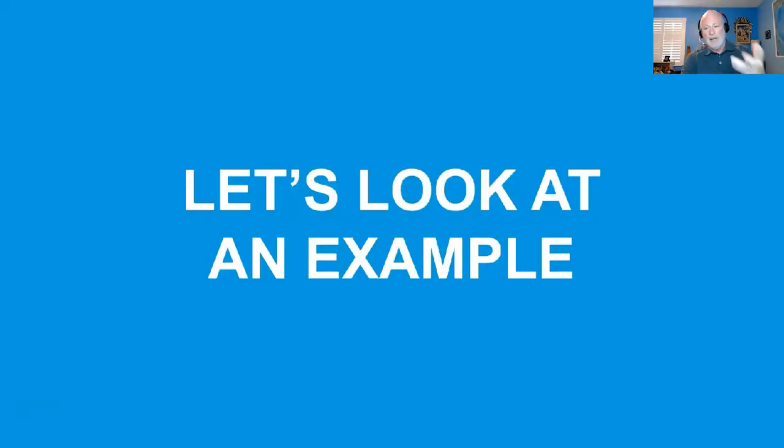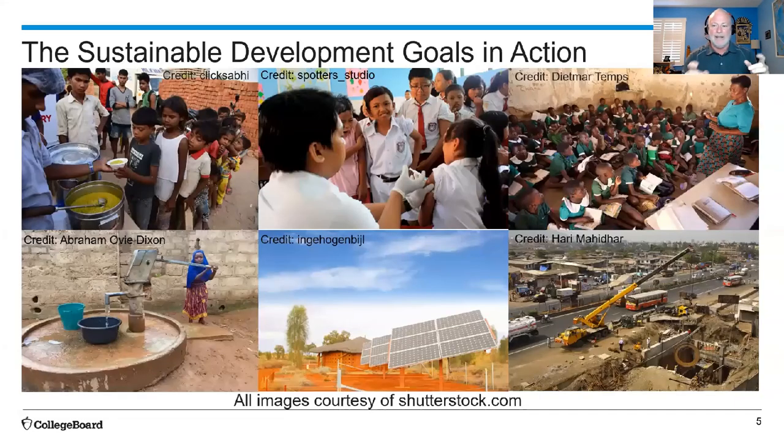Now, I'm going to give you some examples. Clearly there are 17 goals there, so we had to be a little selective about what we show you. But what I want you to look at, working our way across, is the idea of ending hunger. Food insecurity is still a really big problem. There's food insecurity in the United States, but it is particularly acute in some of the poorest countries.